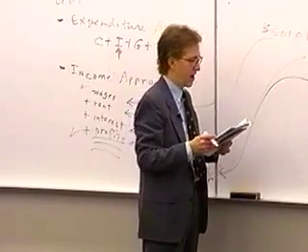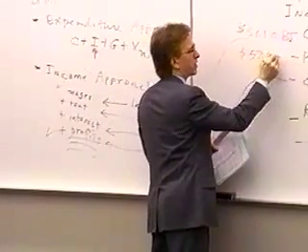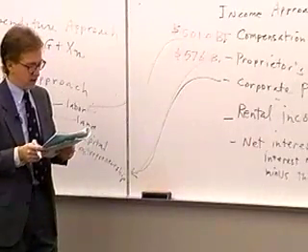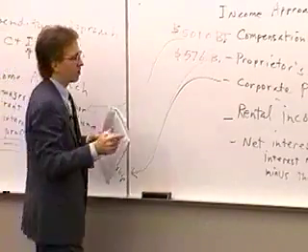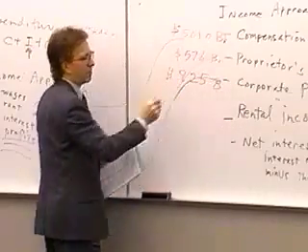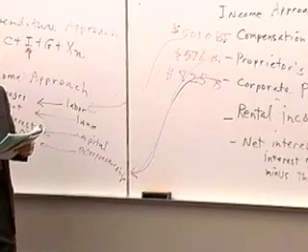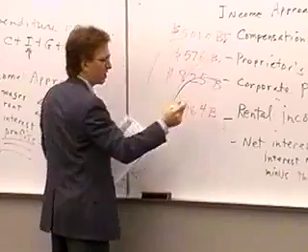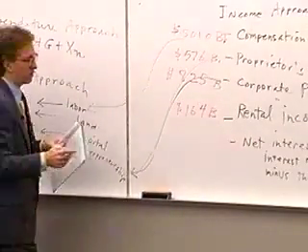Proprietors' income, $576 billion. Corporate profits, $825 billion. Not bad, huh? Rental income of persons, $164 billion. And then net interest, $450 billion.